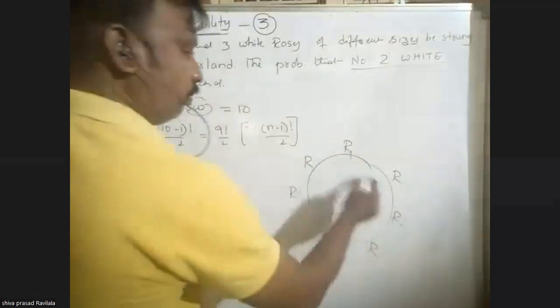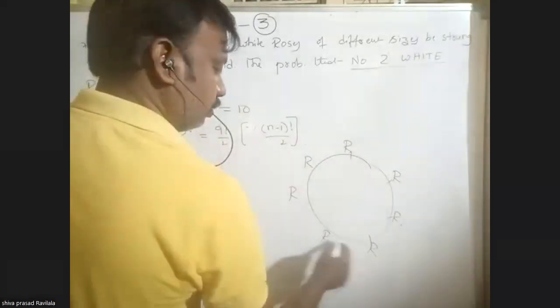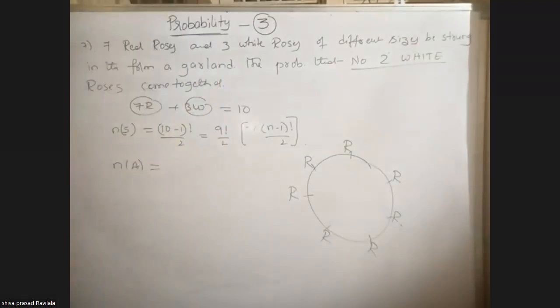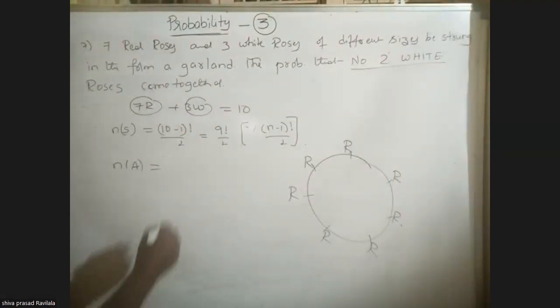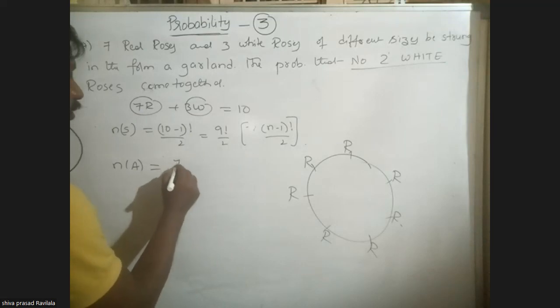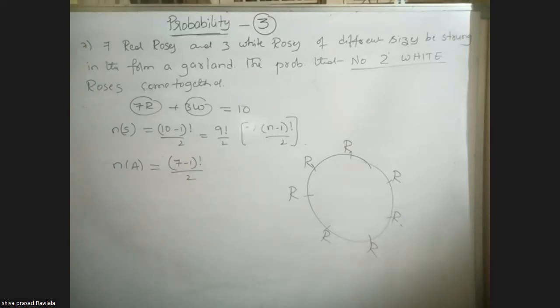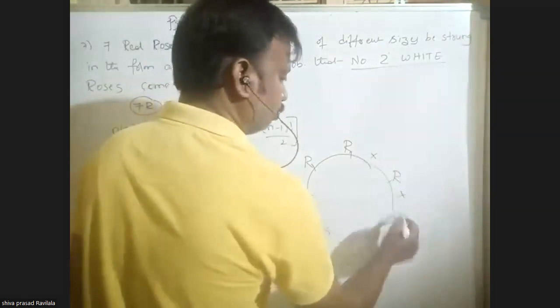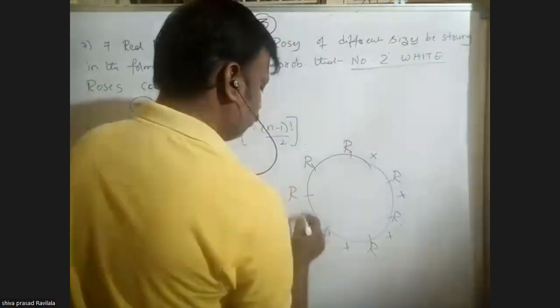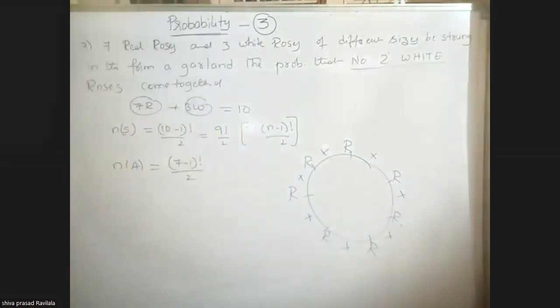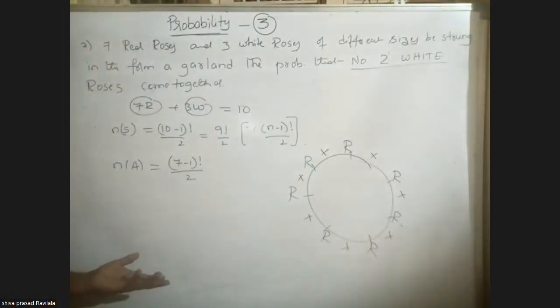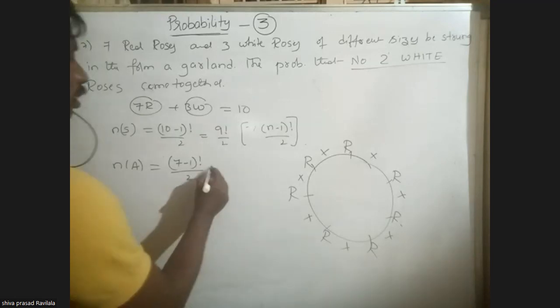These 7 can be arranged around a circle as a garland in how many ways? n of A is equal to 7 minus 1 factorial by 2. Again, among these how many gaps do we have? 1, 2, 3, 4, 5, 6, 7. Garland means circle, same gaps. That can be 7 gaps.